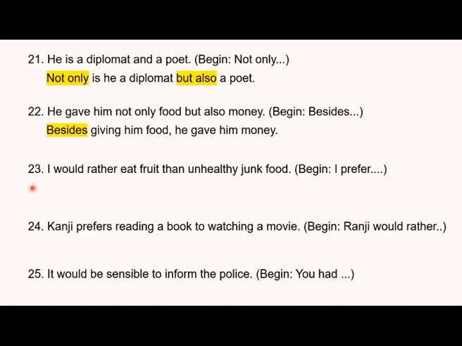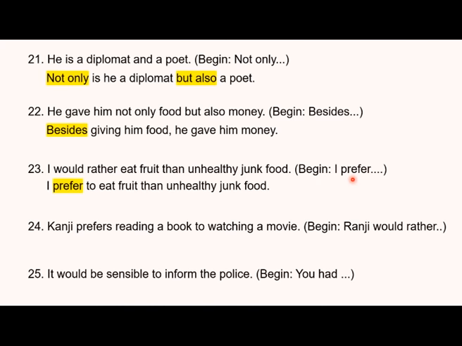A next interesting question is this: I would rather eat fruit than unhealthy junk food. You might get a question like this, where the question says use "prefer". The point you need to keep in mind is that "rather" can be substituted with "prefer".